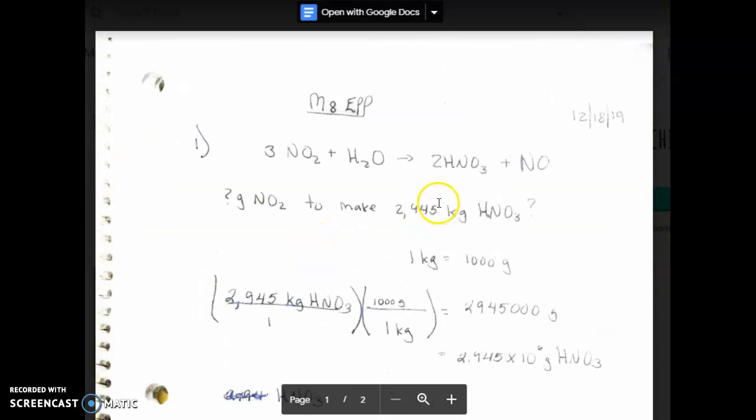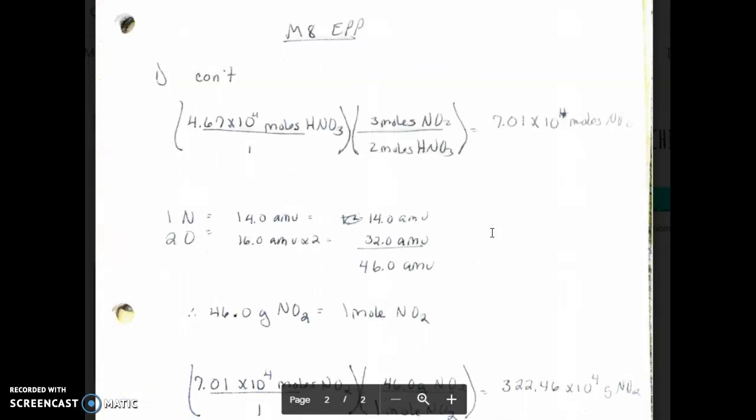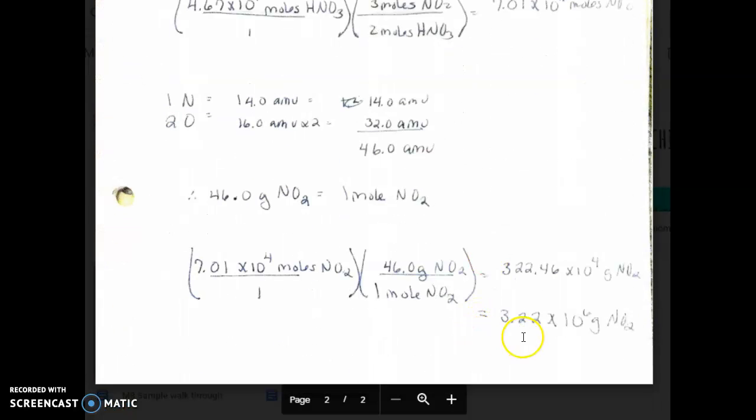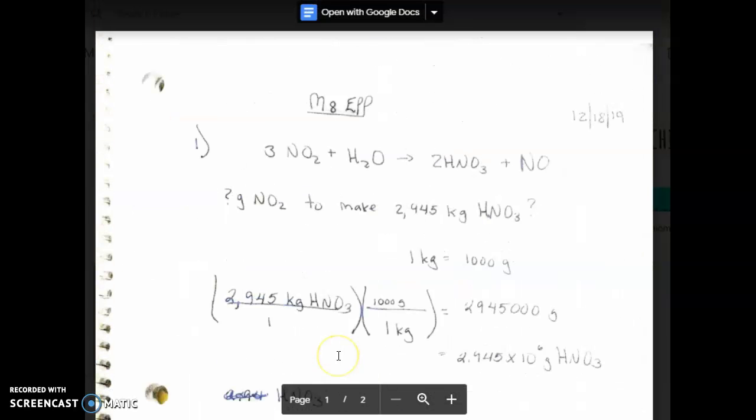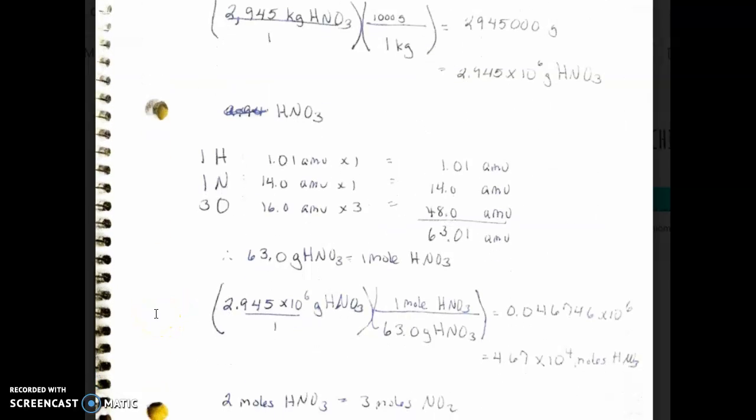In order to make 2,945 kilograms of HNO3, or nitric acid, you will need to weigh out 3.22 times 10 to the 6 grams of nitrogen dioxide, which is what this was asking. And that is done.